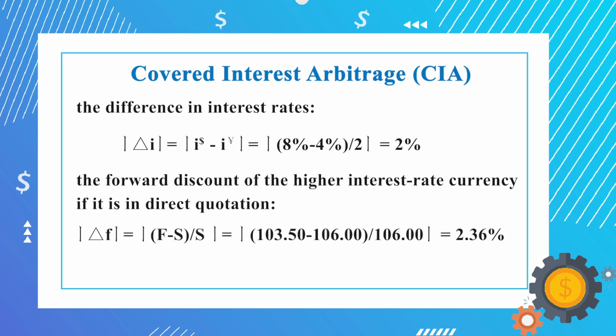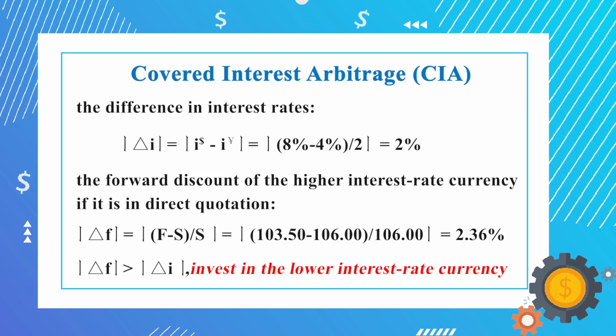The absolute value of delta F equals the absolute value of F minus S over S, equals the absolute value of 103.5 minus 106 over 106, equals 2.36%. So, the absolute value of delta F is larger than the absolute value of delta I. The conclusion is that we should invest in the lower interest rate currency.